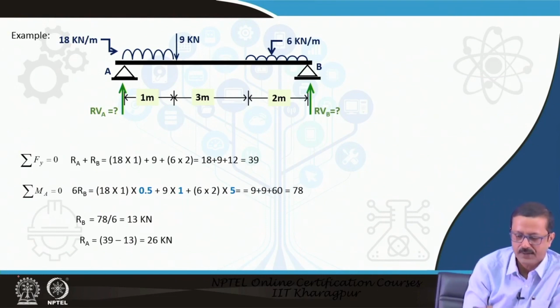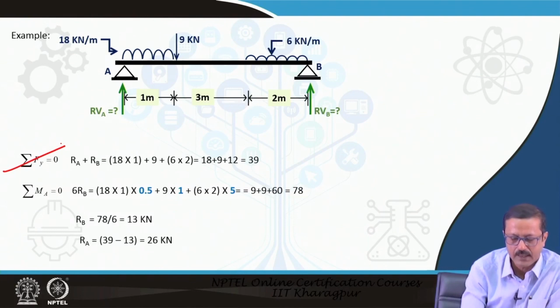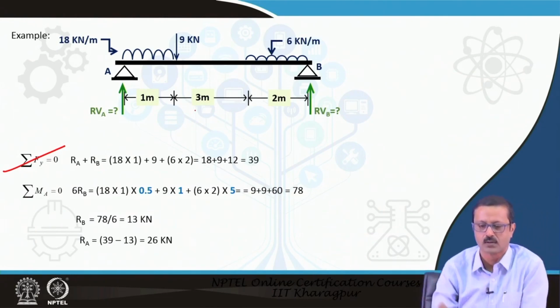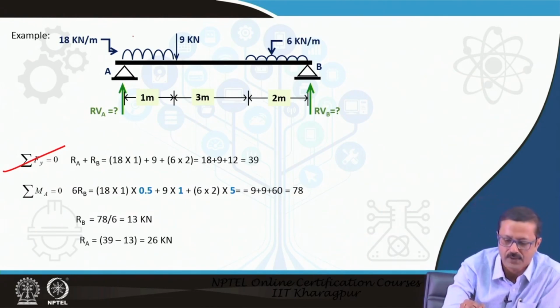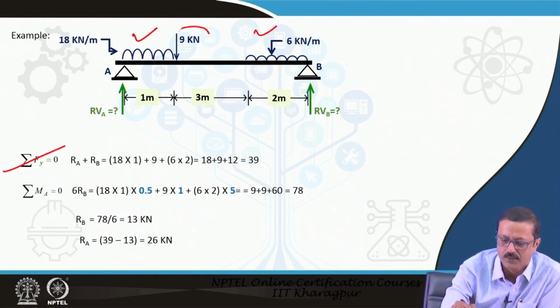So, let us first find the first equation, Fy equal to 0. Here you see RA and RB must be equal to the total downward load. I get the total downward load from this 18, this 6, and also the 9. So, 18 gives me 18 into 1.